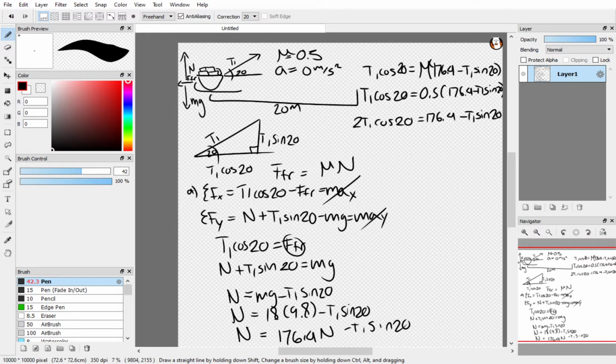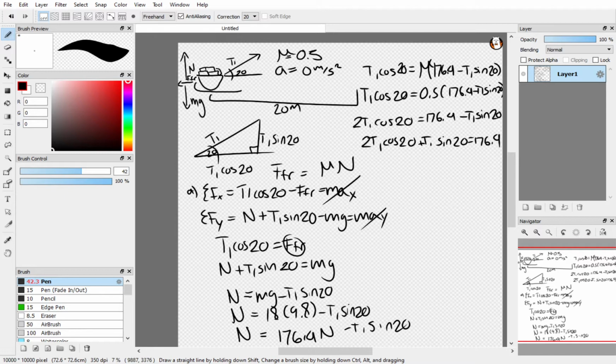So then we're going to isolate the T1 to solve for it. That means 2 T1 cosine 20 plus T1 sine 20 equals 176.4.